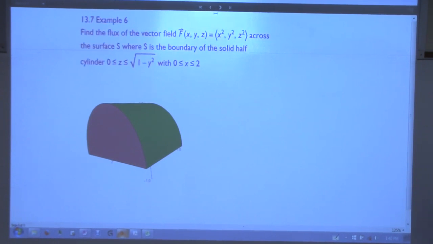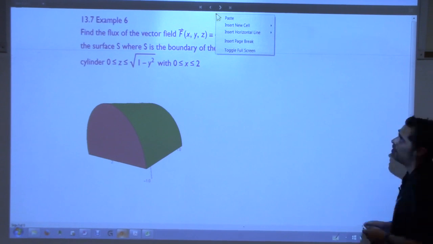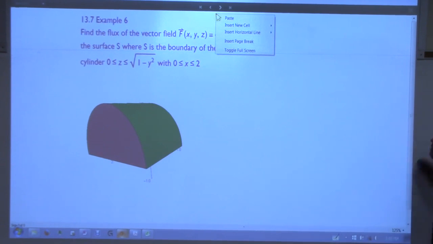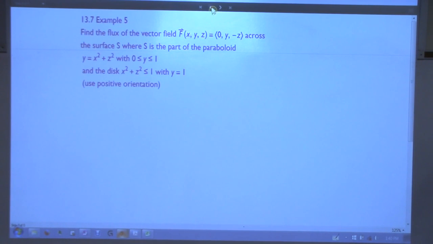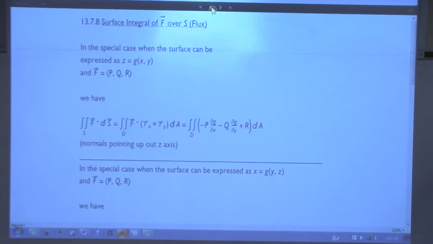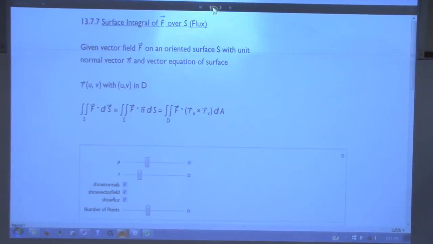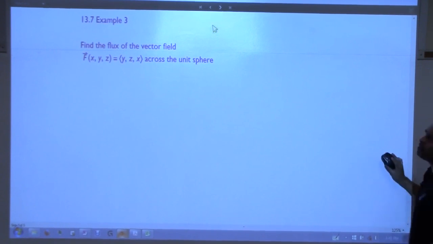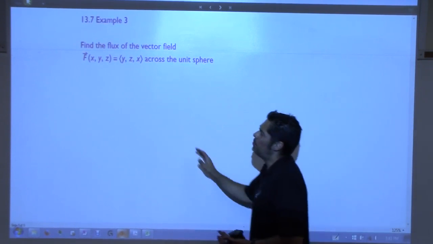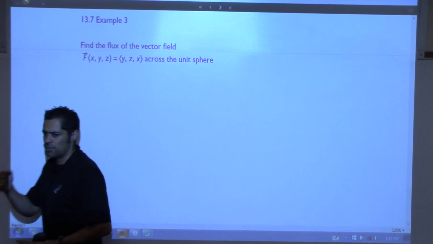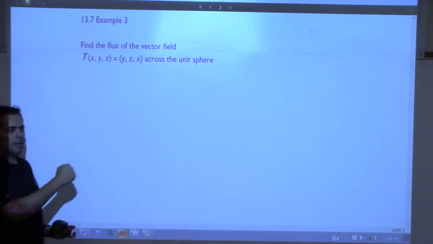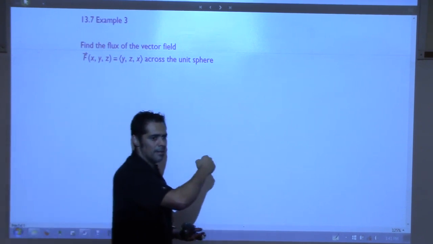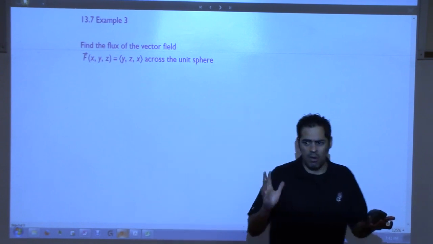What I hope you've seen in these last examples is, if I look at the first example, we did flux on this surface, and we just used the hardcore formula of F dot the cross product of the partials.